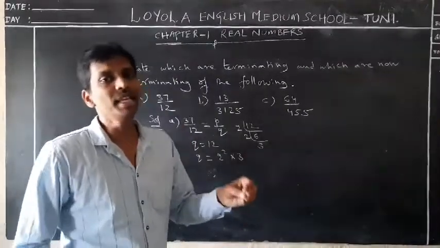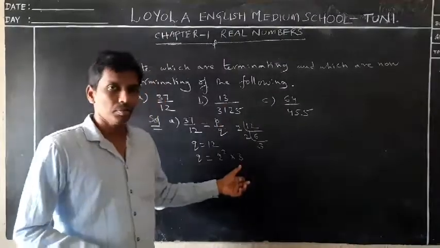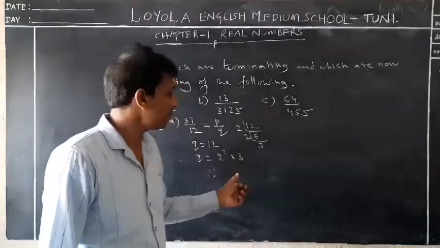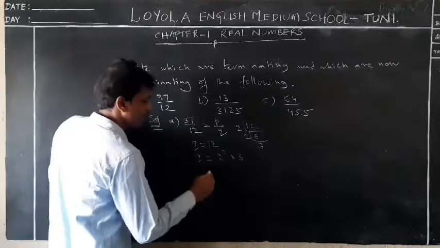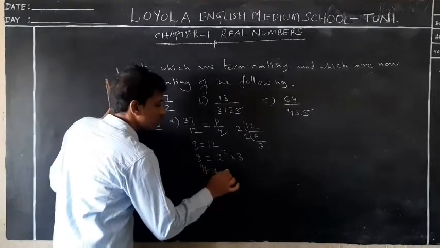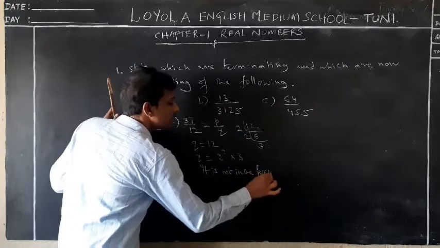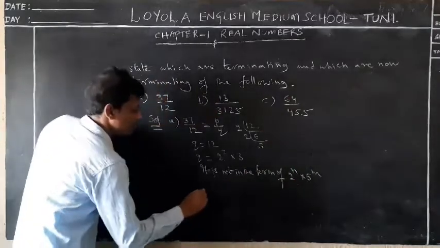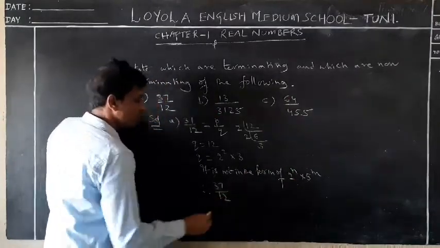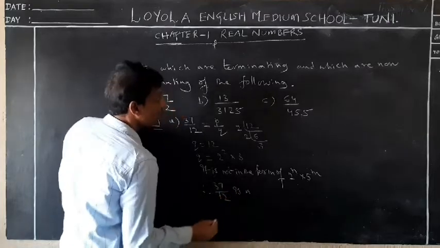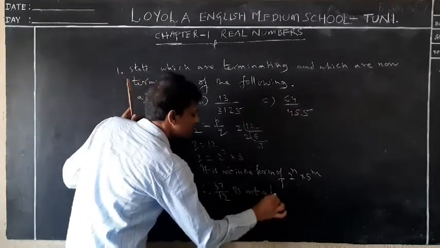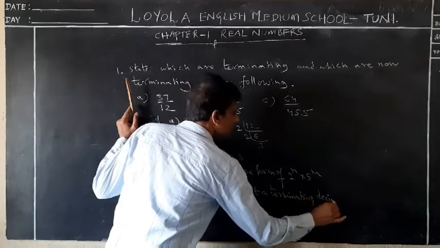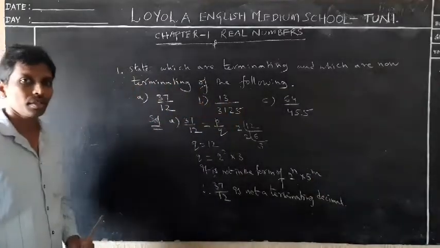Unless 2 and 5, if any other prime factor comes in the product of prime factors, it is not a terminating decimal. See here, it is not in the form of 2 power n into 5 power n. Therefore, 37 by 12 is not a terminating decimal.